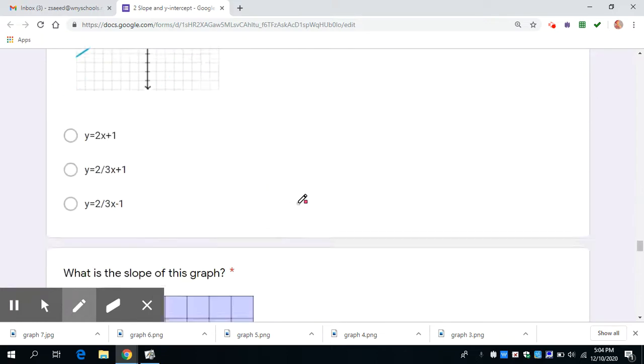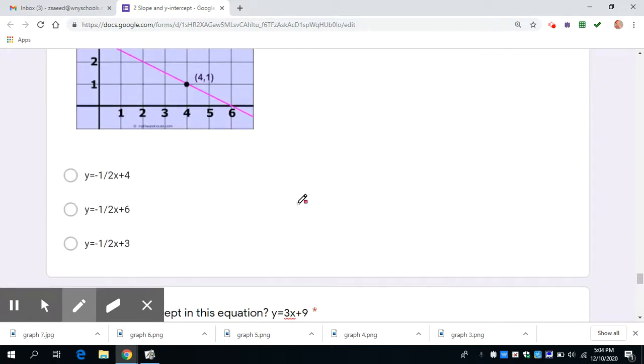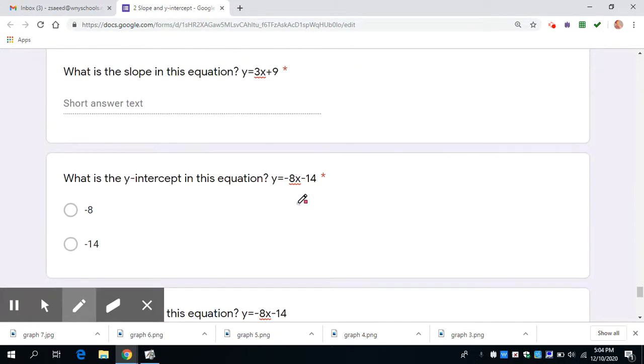Slope. I'm going to go all the way down to the equations again. So again, your y-intercept, when you're looking at an equation, you have y equals mx plus b. M will always be your slope. B, which is a constant, it's by itself, it's not next to a variable, will always be your y-intercept.